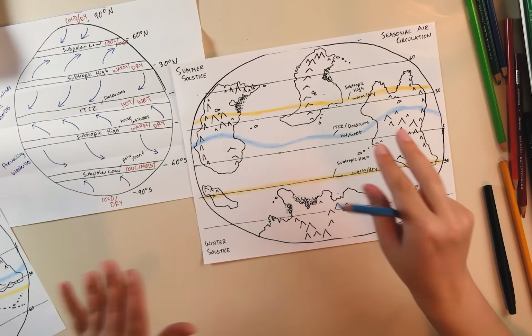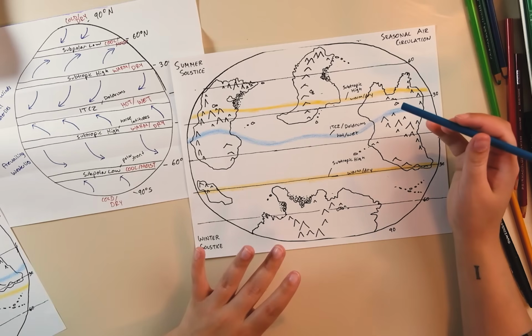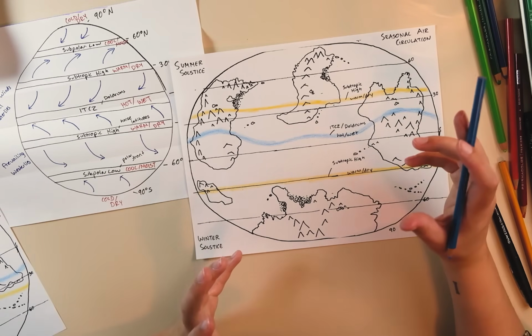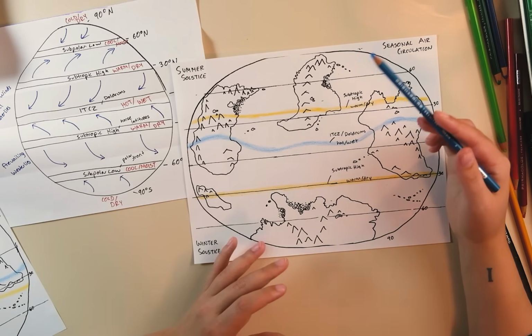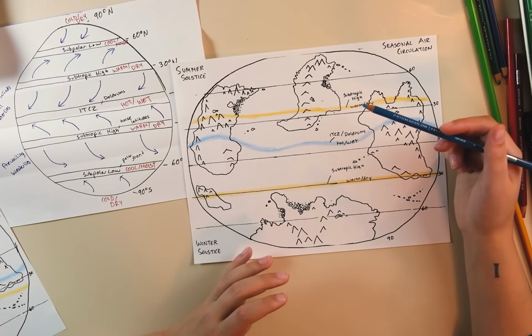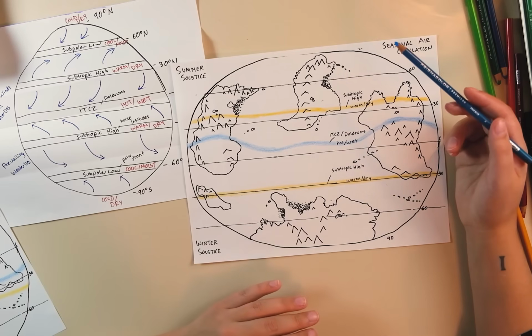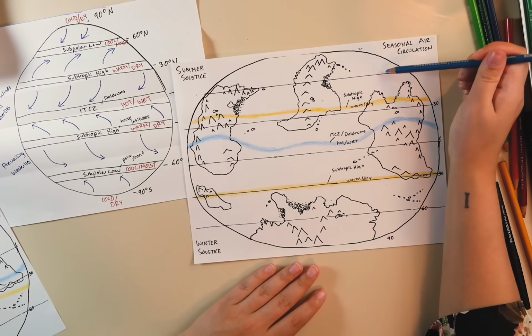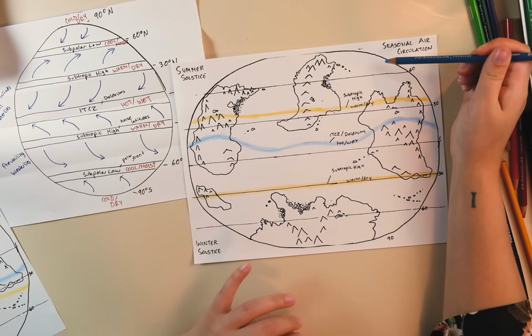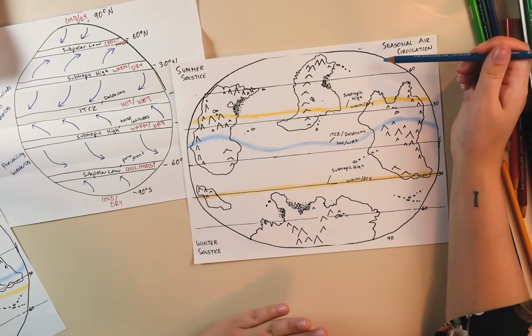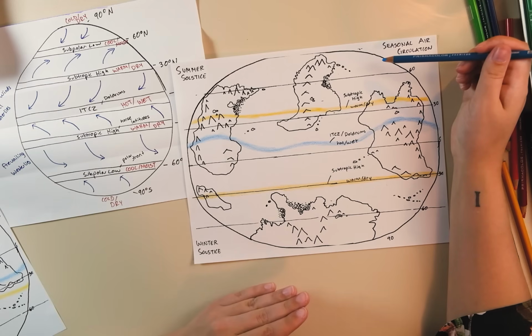Okay, so now we're going to draw our subpolar low belts in their most stable form. You'll remember there's a lot of variation in these belts, but essentially these are going to be between 60 and 70 degrees north and south, and will slightly stretch further south over large land masses when possible, more so in the summer hemisphere than in the winter ones when the winds are stronger.